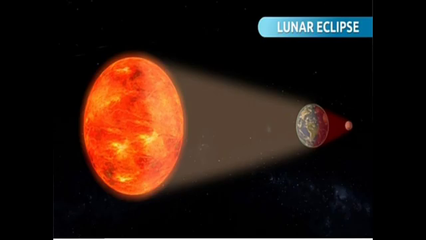If only a part of the moon passes through the umbra, there is a partial eclipse. And if the moon passes through the penumbra, it looks a little dull, but hardly dull enough for us to make out. You know that when the moon lies opposite the sun, we see its full face, or there is a full moon. A lunar eclipse can therefore occur only when the moon is full.